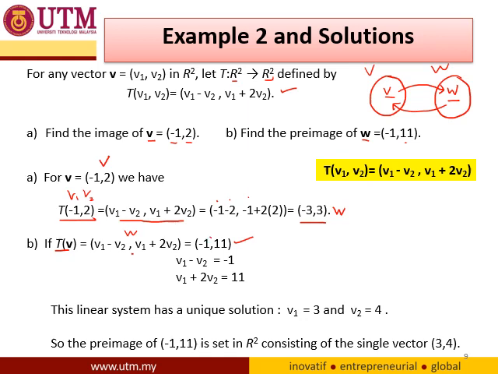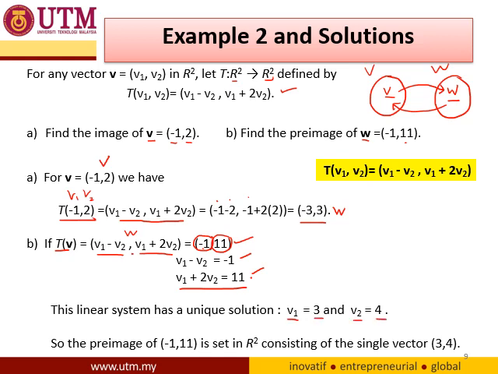So negative 1 here is how you calculate it by solving this, and 11 is by solving this, right? So you separate it into rows here. V1 minus V2 is equal to negative 1. V1 plus 2V2 is equal to 11. So you solve the linear equations. When you solve them, you will get this unique solution for V1, which is 3, and V2, which is 4.